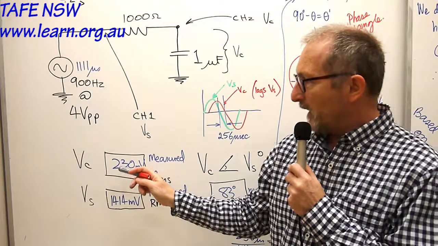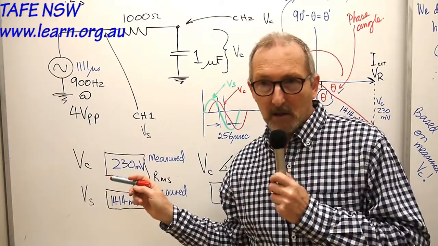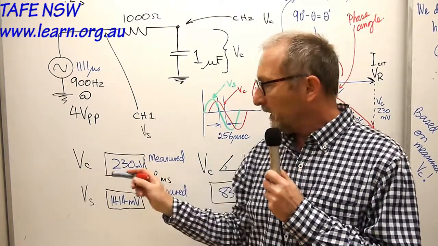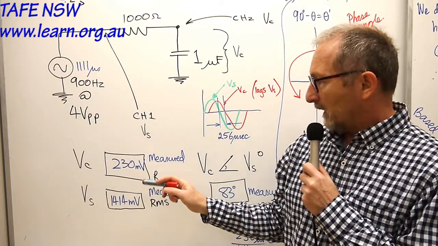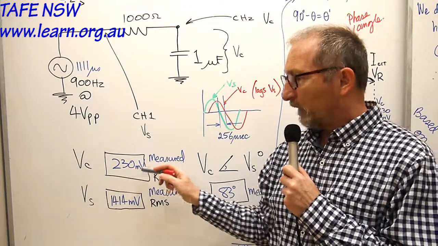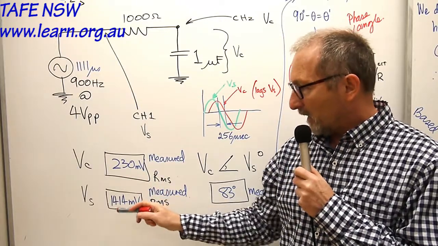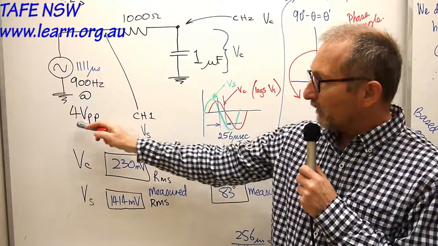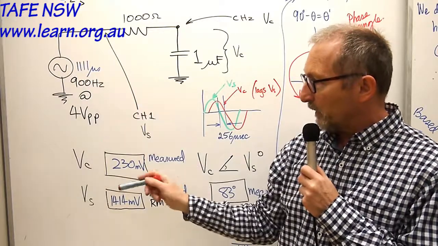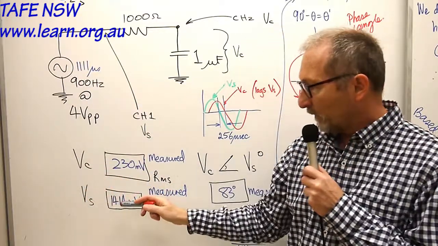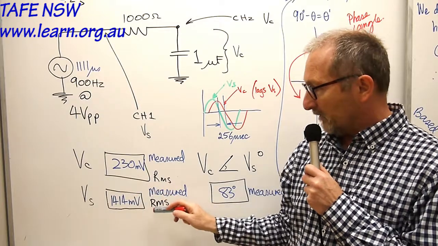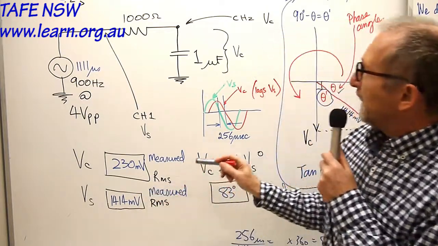We're able to measure VC on the oscilloscope in peak to peak and convert it to RMS, 230 millivolts RMS. We've recorded it on the sheet. VS was 4 volts peak to peak, which is 2 volts peak times 0.707, which gives us 1414 millivolts RMS.